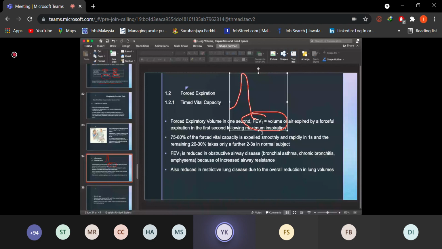First, normal breathing, and after the patient exhales normally, ask the patient to inhale forcefully, and then exhale forcefully and as fast as possible. Then you will get the FEV1.